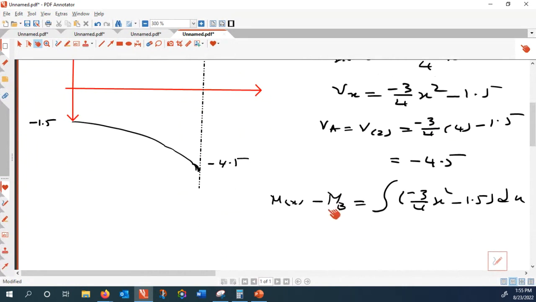And now if I plug 0 here, what I get is M of x is minus x cubed over 4 minus 1.5x, right? All right, let's find out what M is at the beginning.